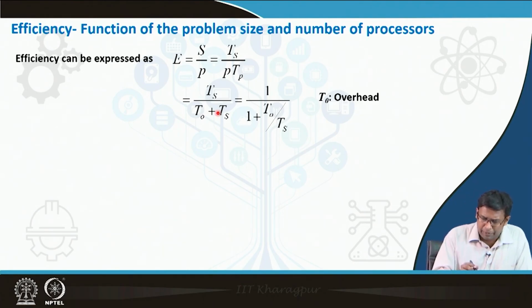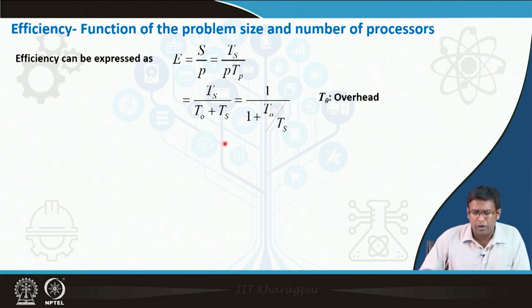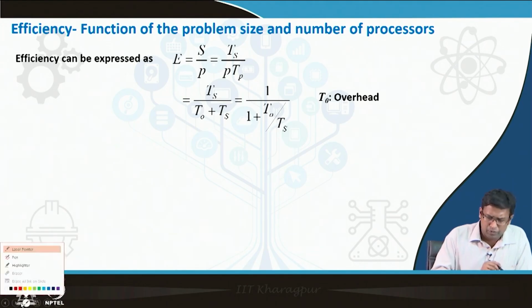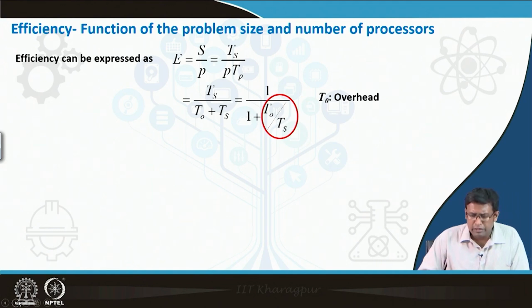Dividing both sides by the sequential computing time, we get efficiency is equal to 1 by (1 plus T0 by Ts). This T0 by Ts is the ratio of overhead divided by sequential computing time. Therefore, we can see efficiency is a function of the ratio of overhead and sequential computing time.